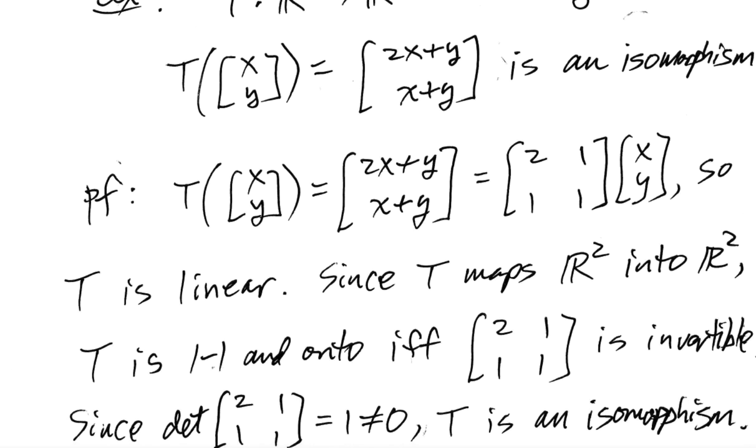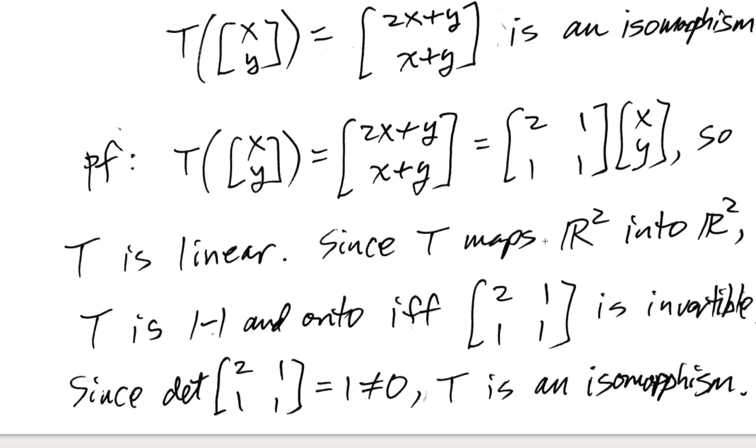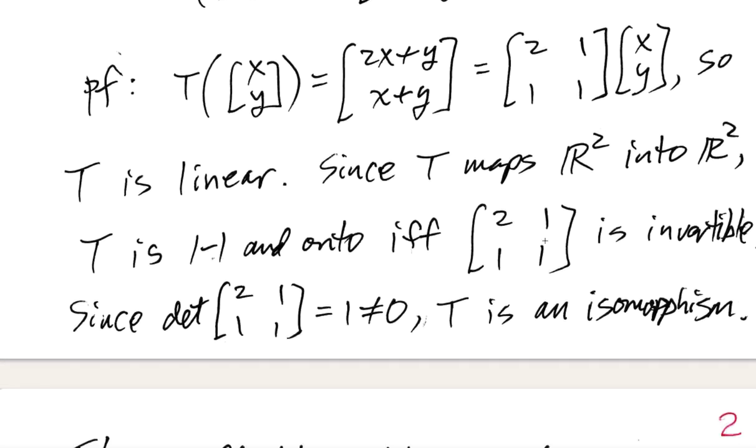Now, let's show that it is actually an onto map. Now, do you remember this? Since T maps R squared into R squared, from a previous section, T is one-to-one and onto if and only if the matrix associated with this, the square matrix, is invertible.